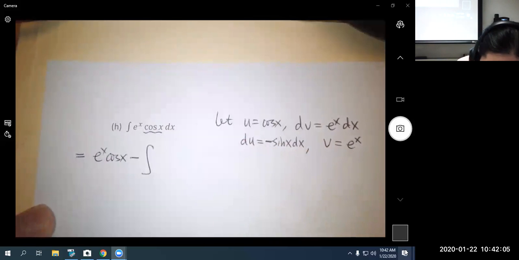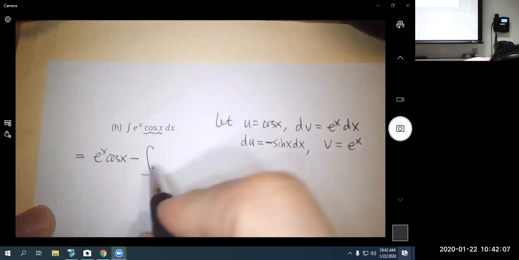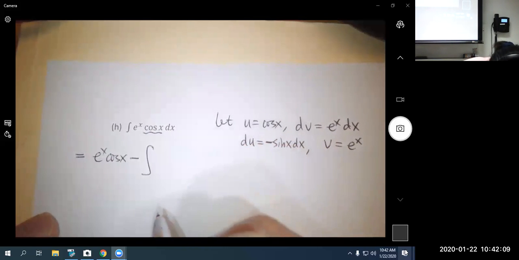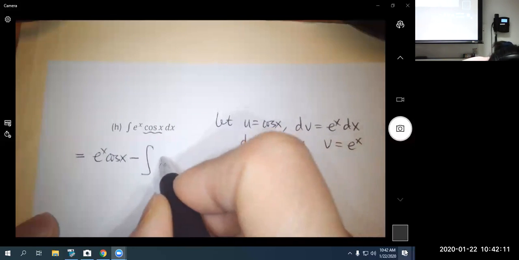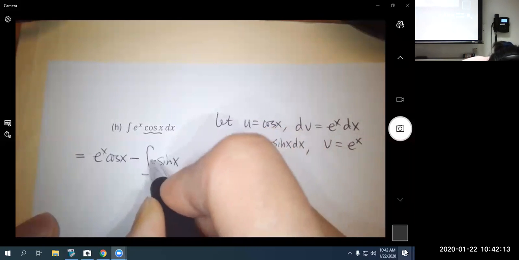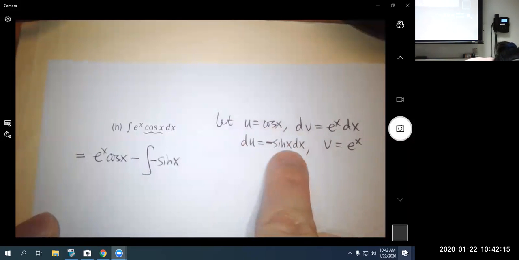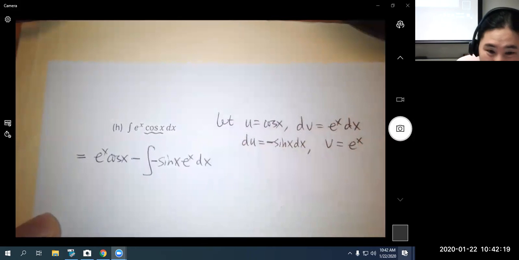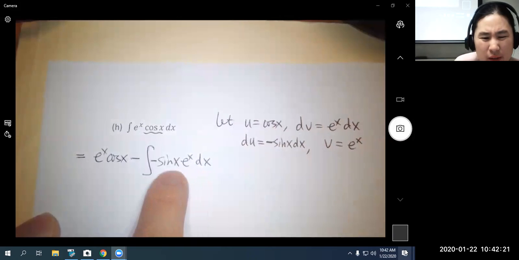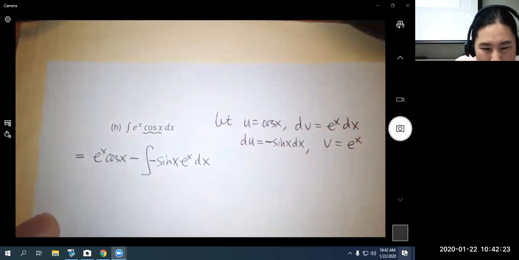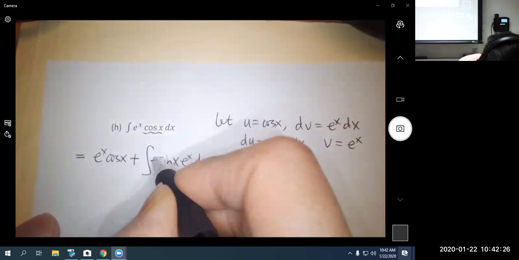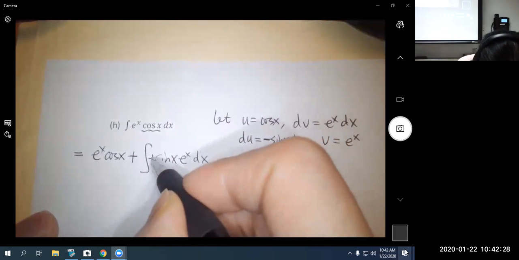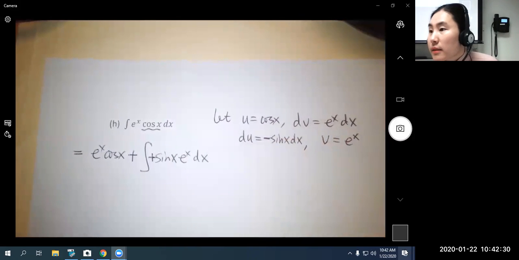There's a negative sign here, so I'm still going to write it as negative sin of x times e to the x dx. Or you can write e to the x in front, it doesn't matter. And then this negative becomes positive. Right, guys?